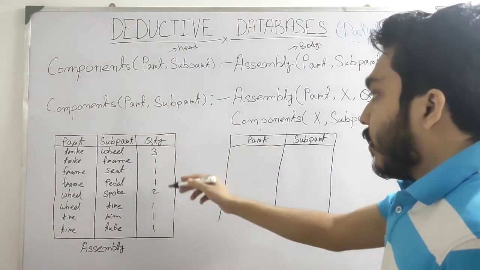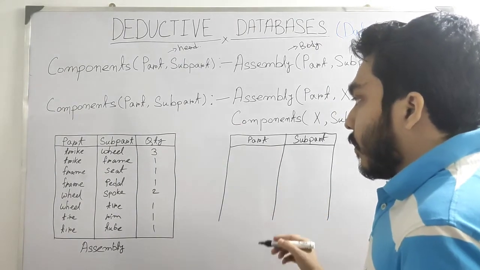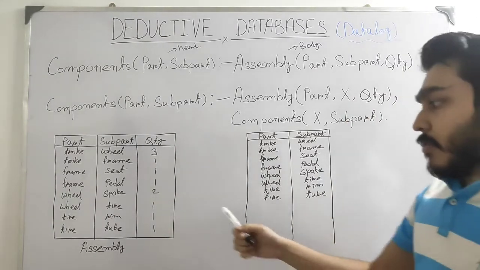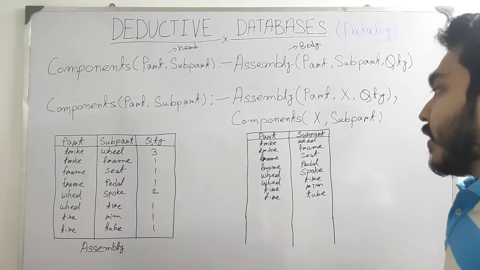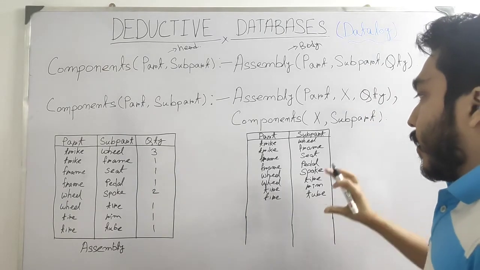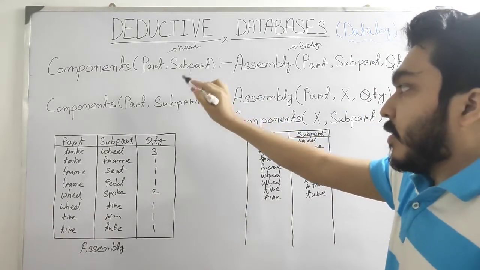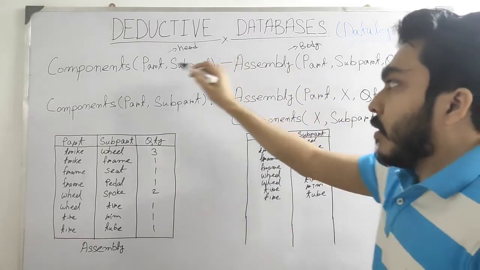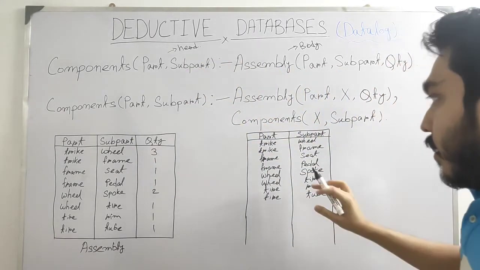So I am just copying everything here. You can see I have copied everything from assembly to the component relation. This is the first rule. It says that everything present in the body should be moved to component.